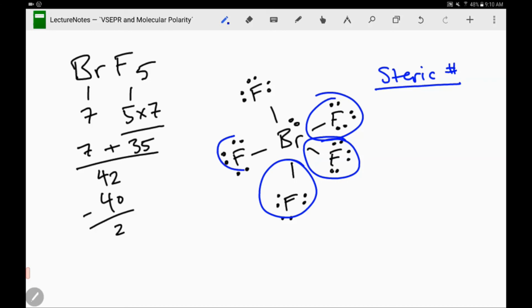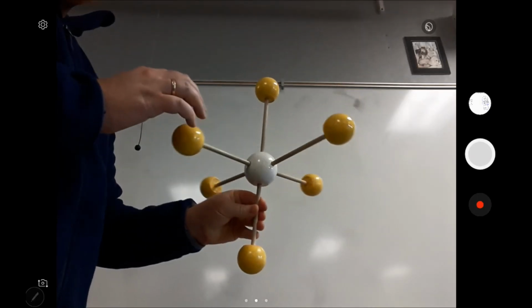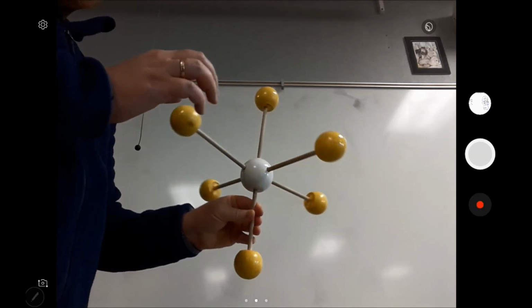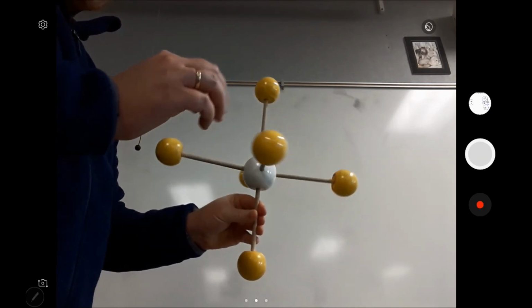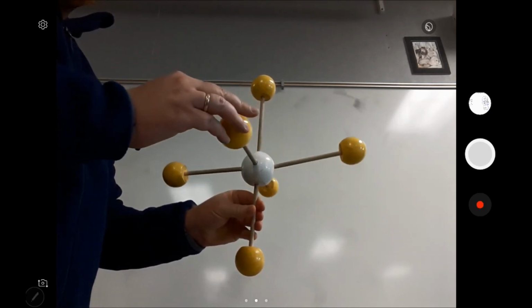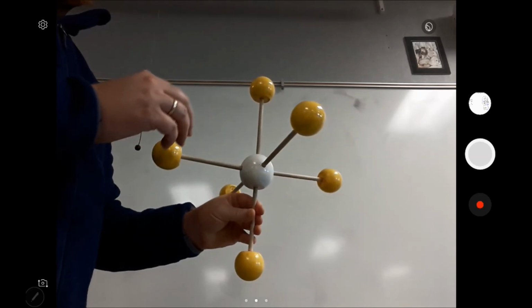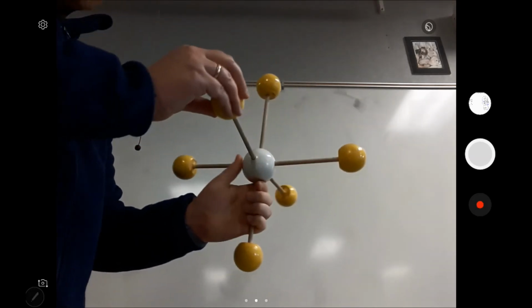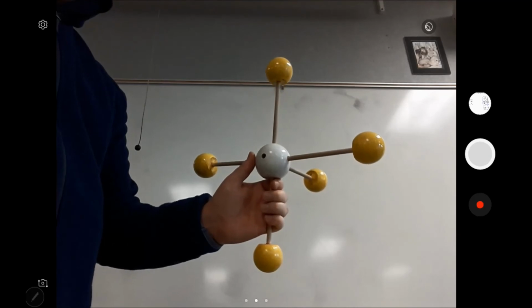With 5 sigma bonds and 1 lone pair of electrons on the central atom, the steric number is 6. And let's look at how the geometry changes when you add in that lone pair of electrons. Starting out with a steric number of 6, we have 1 lone pair. Now there's no axial or equatorial positions for octahedral because it's a perfect polyhedron. So we'll just take one of them off.